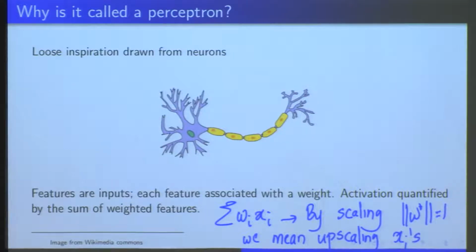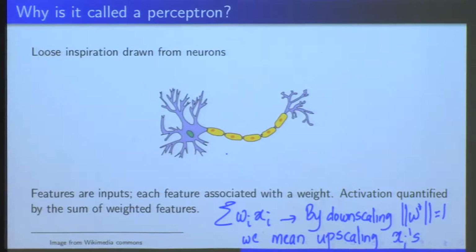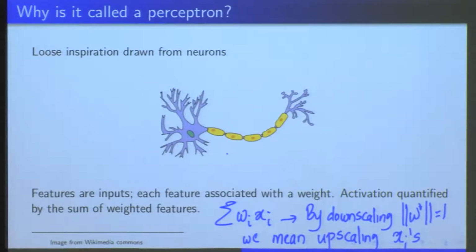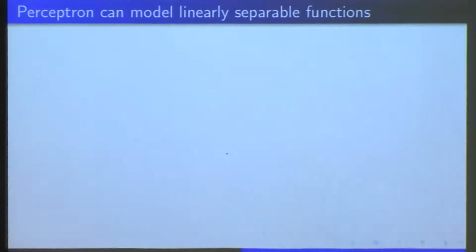So by downscaling norm w star to 1, you are basically upscaling the x_i's. So you can either increase the activation or the weight associated with the impulse. You can basically adjust one against the other.